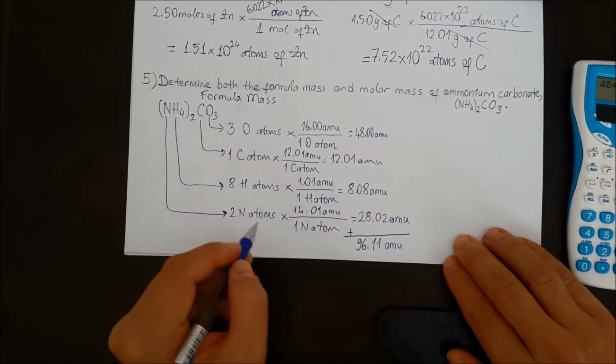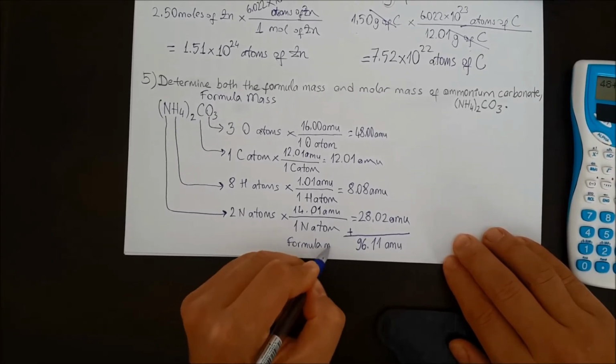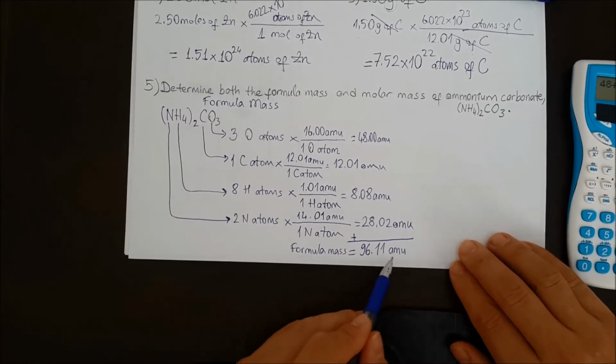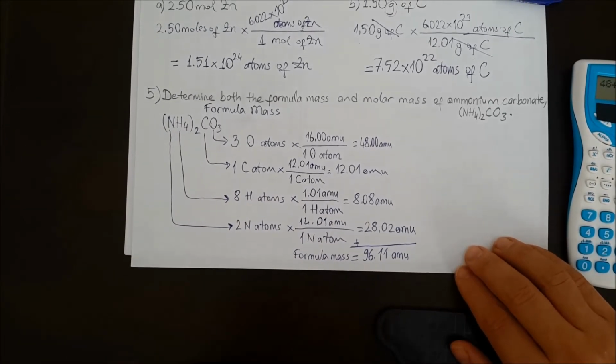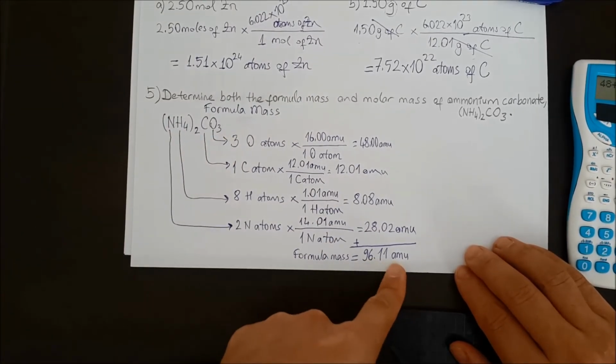So this is the formula mass of ammonium carbonate. This is the mass of only 1 molecule of ammonium carbonate in unit of AMU.